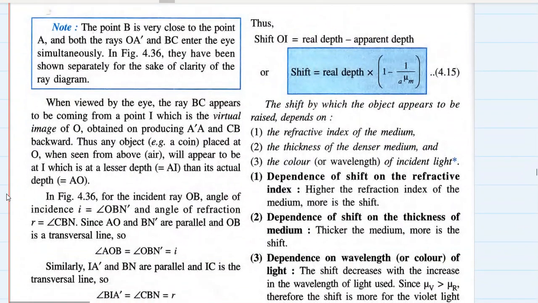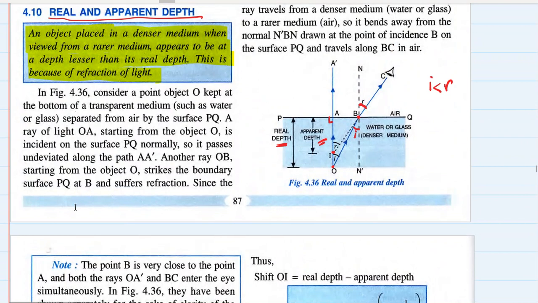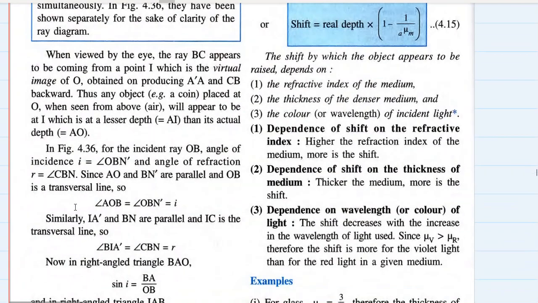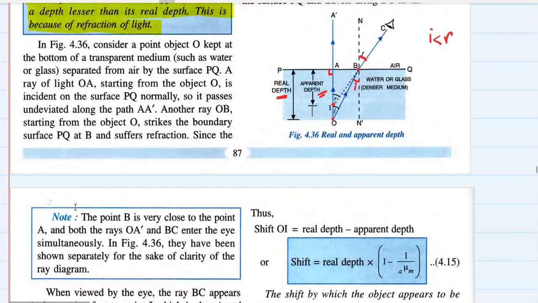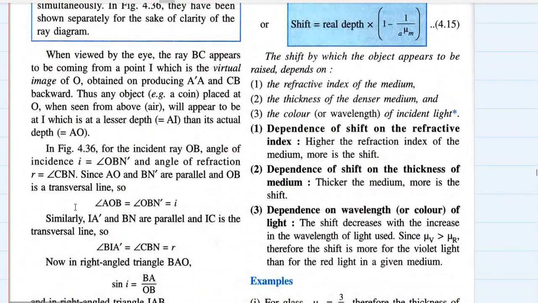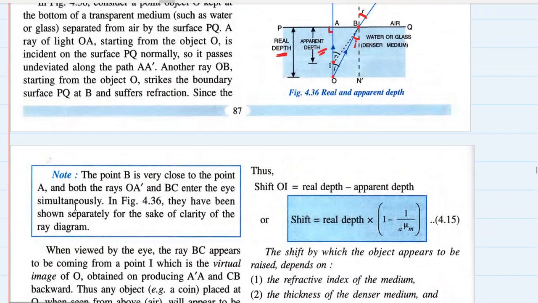Okay, in figure 4.36, for the incident ray OB, the angle of incidence is angle OBN dash. Yes, it is angle of incidence OBN dash. And the angle of refraction is CBN. Yes, absolutely. Since AO and BN dash are parallel.